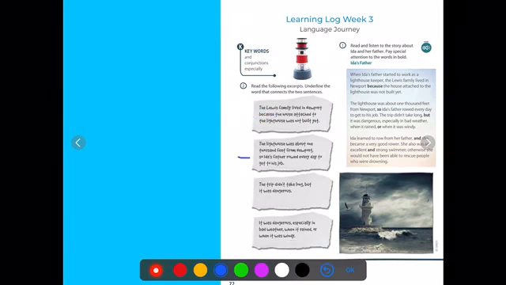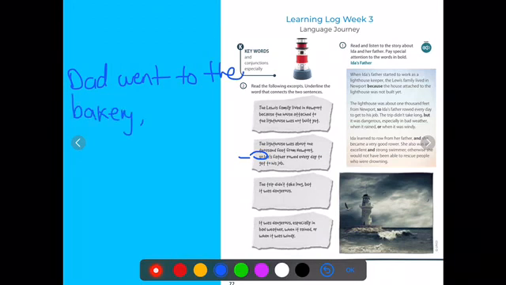Okay, then we have the lighthouse was about 1,000 feet from Newport. So Ida's father rowed every day to get to his job. So in this case, it's the word so. And remember that we use so as a result. For example, Dad went to the bakery, comma, so we can have dessert.